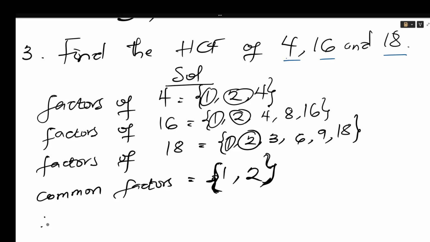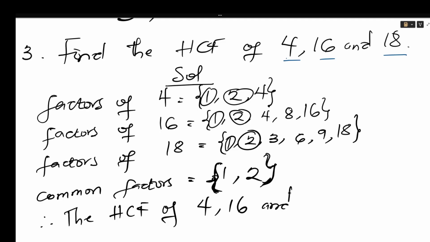So now the highest common factor, therefore the HCF of 4, 16, and 18 is, out of this, what is the biggest number? You are right, it's 2. The HCF of 4, 16, and 18 is 2.